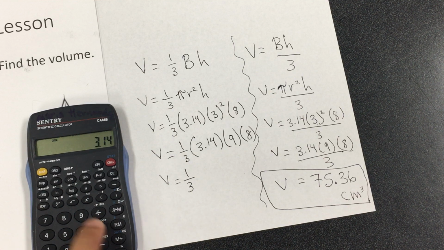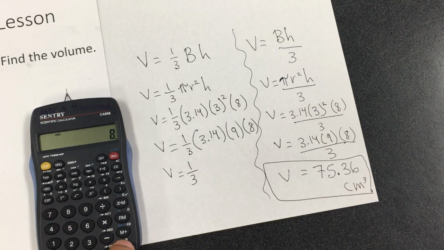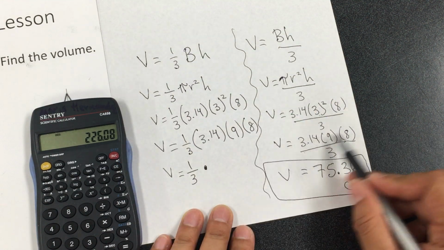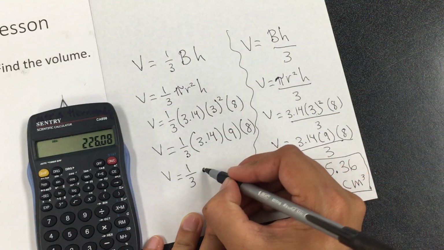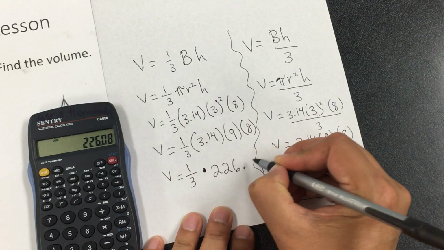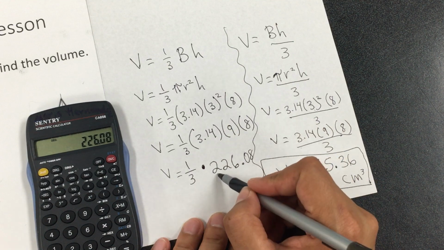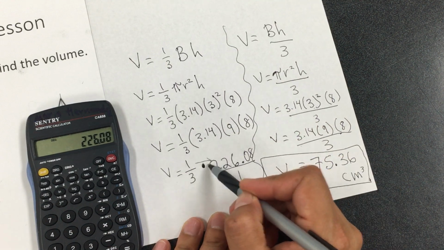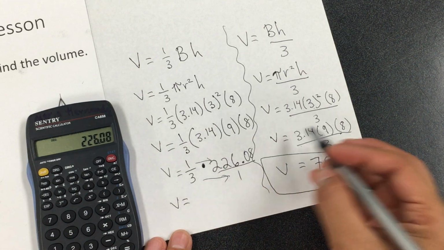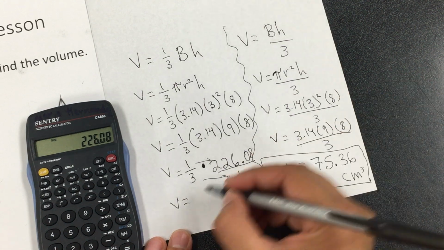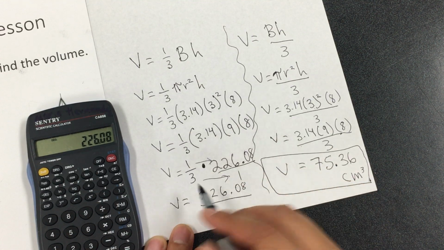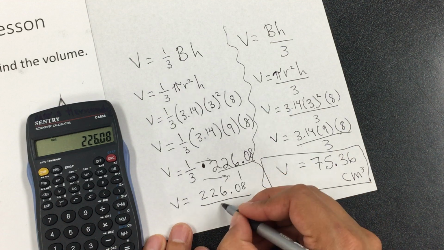3.14 times 9 times 8 equals, if you remember, that was the answer that we got when we multiplied this and then divided by 3. So times 226.08. We put this over 1 and we're going to multiply straight. And so 1 times 226.08 is just 226.08, divided by 3 times 1, 3.